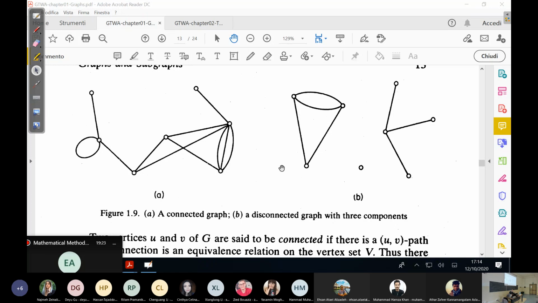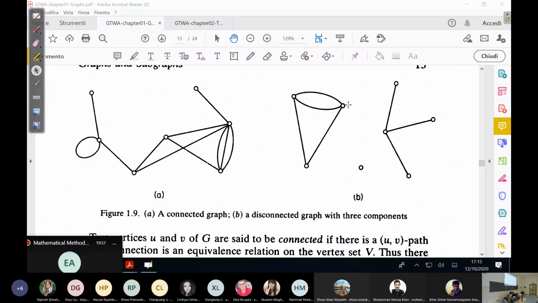If I take these three vertices and these four edges, is this a component? Yes. Why? Because it is a connected subgraph, and there is no bigger subgraph of the original graph which is still connected. If you add to these three vertices any one of these vertices, you do not get a connected subgraph, because, for instance, from here to here there is no path in the graph.